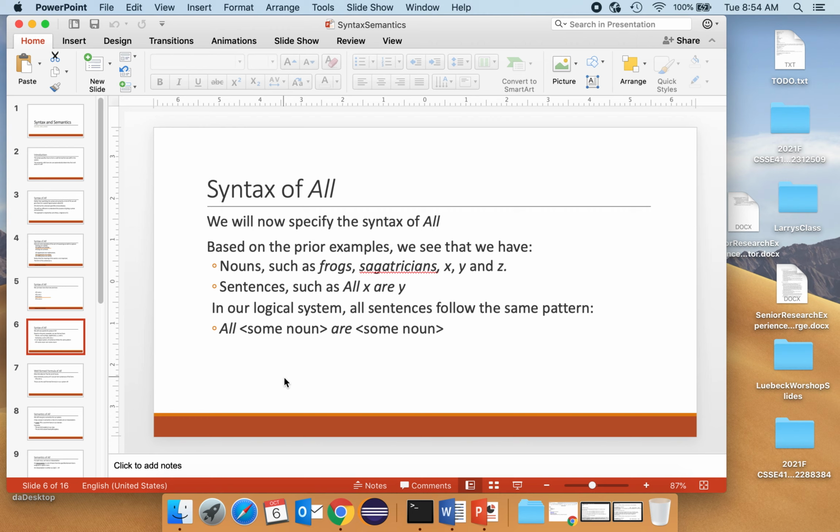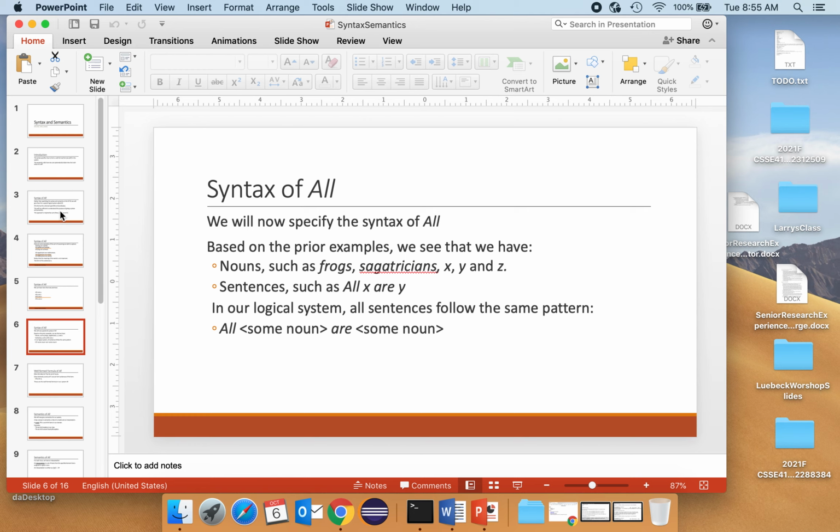So let's give the syntax of All. Based on the prior examples, we know that we have nouns, things like frogs, sagatricians, x, y, and z. I know that typically in CS, x, y, and z are variables, but we just treat them as nouns at this point in time. Unlike the universal quantifier that I've seen before, where we do specify a variable, over here we do not do that.